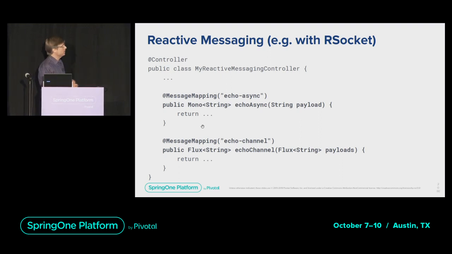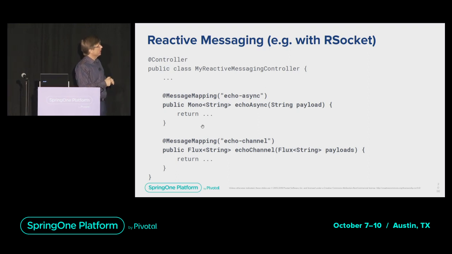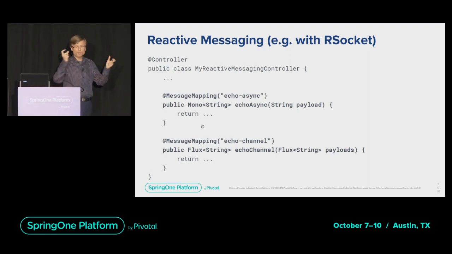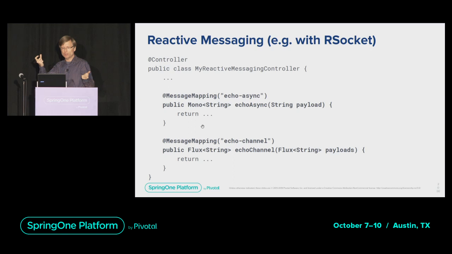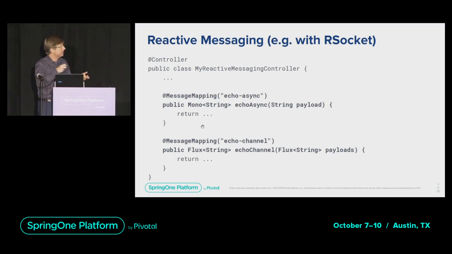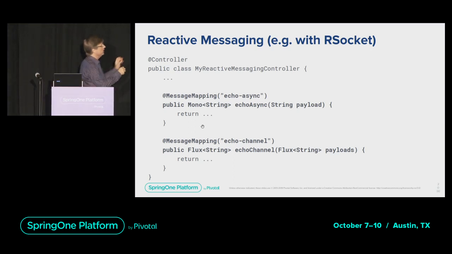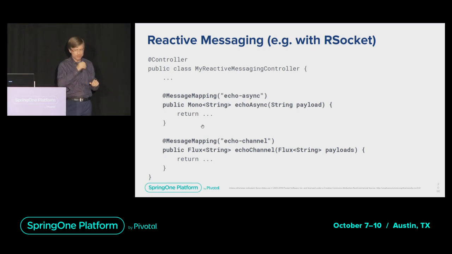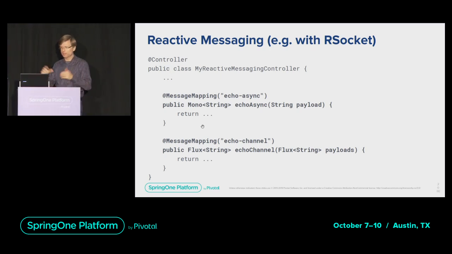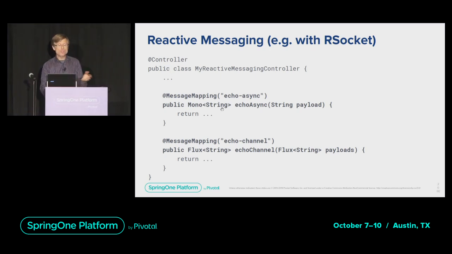This model existed for quite a while already, and it's now been spiced up with reactive support. If a message mapping annotation, a messaging endpoint here, has a reactive return type, or even a reactive type coming in, just like WebFlux methods, like reactive web endpoints, then we know what to do with them. We now automatically adapt them to our reactive messaging architecture.